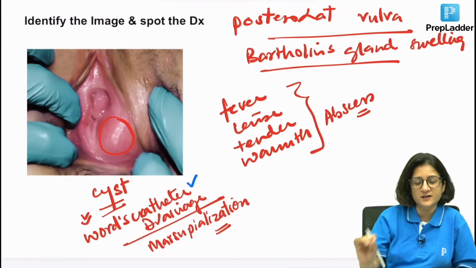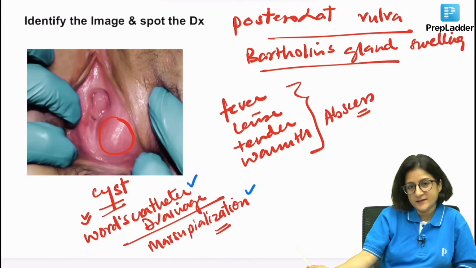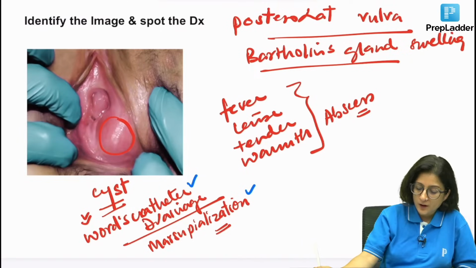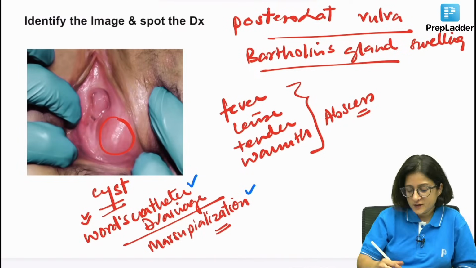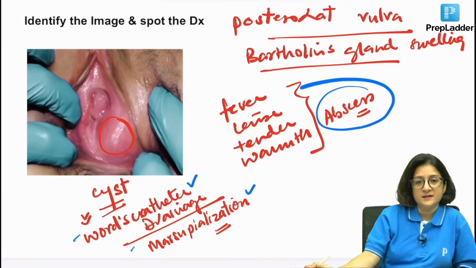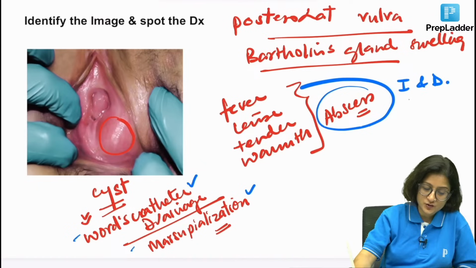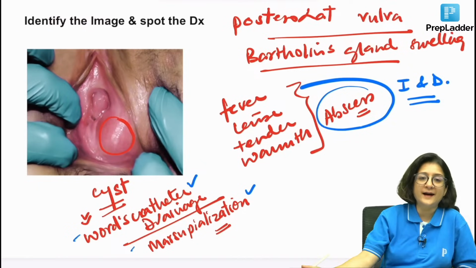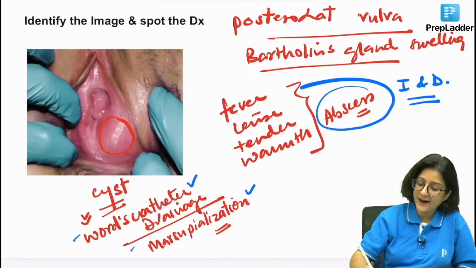It is called Word's catheter, and marsupialization is the surgical procedure that is done by a minor surgical procedure. In both of these procedures we don't remove the gland per se, but if it is an abscess, it will require incision and drainage. And obviously appropriate antibiotic cover.